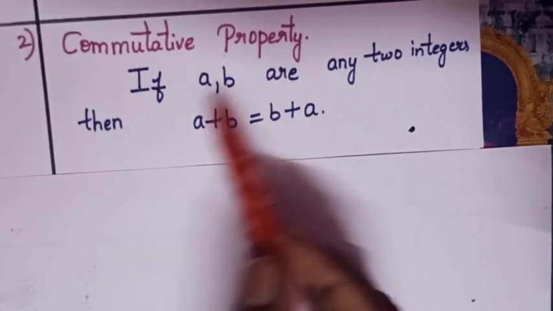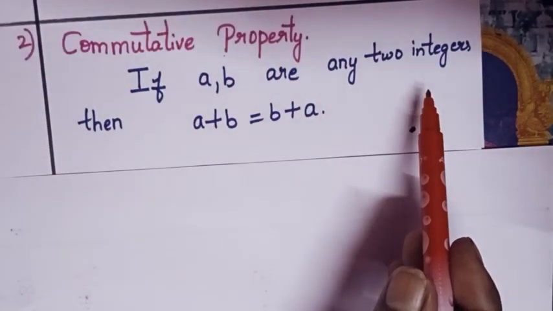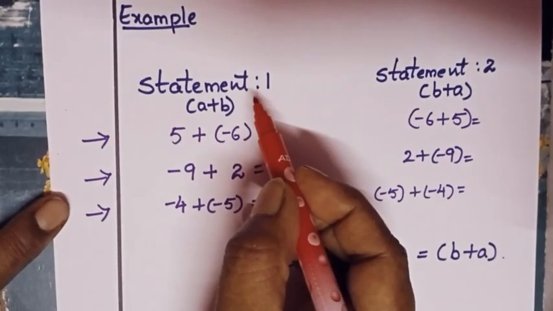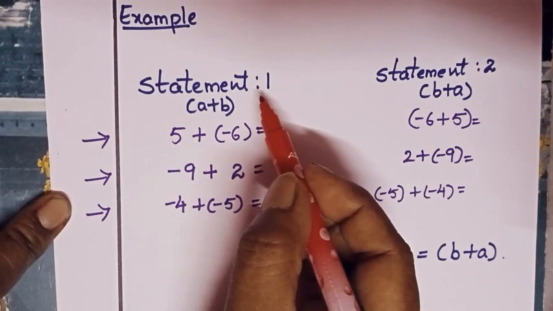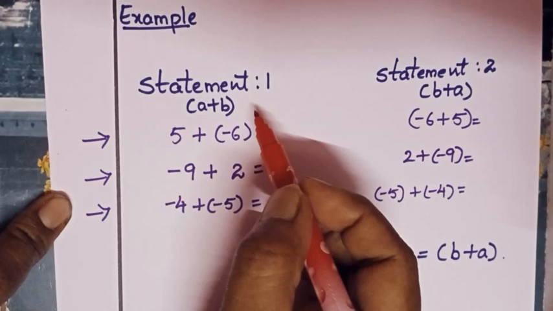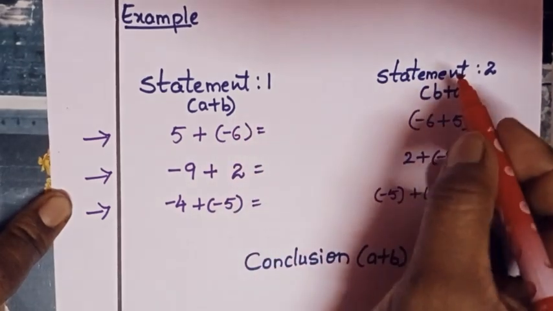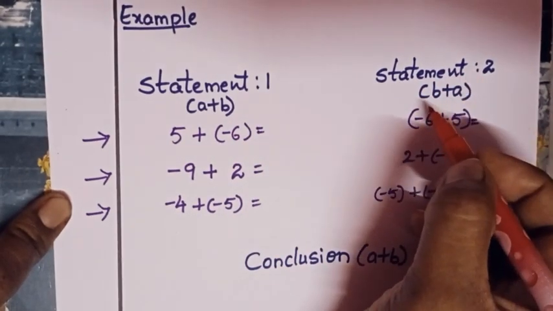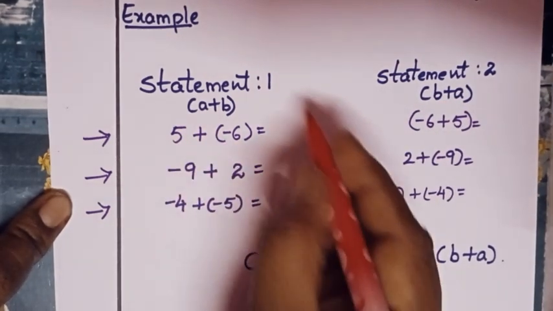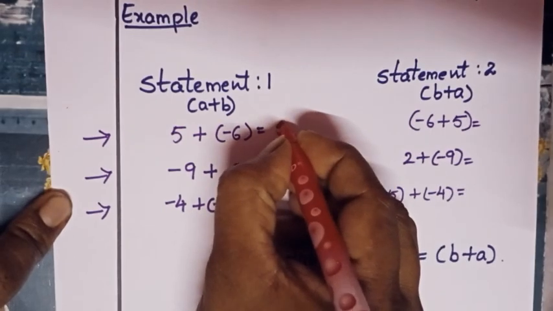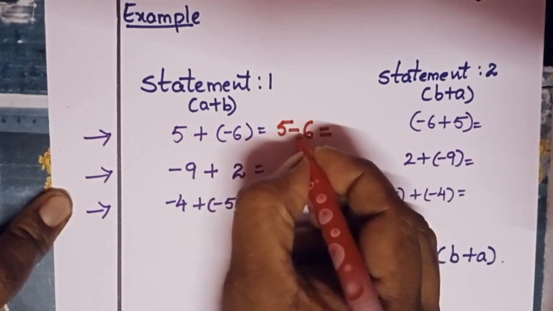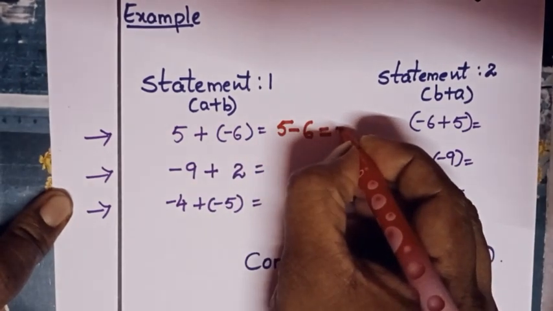Commutative property, children. If a, b are any two integers, then a plus b equals b plus a. Let us take the examples for commutative property, children. First statement 1, a plus b. And this is statement 2, b plus a, we have to get it. First 5 plus minus 6, that is plus of minus is minus. 5 minus 6, so we get minus 1.